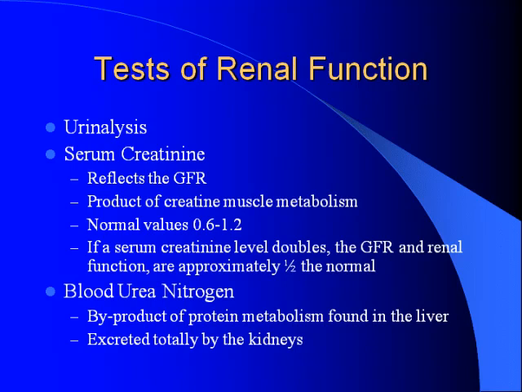Your normal creatinine level in the blood should be 0.6 to 1.2. So if that level goes up in the blood, then you realize that your filtration system in the kidney is not working the way it's supposed to.